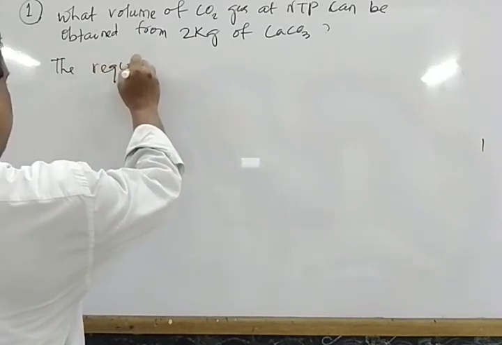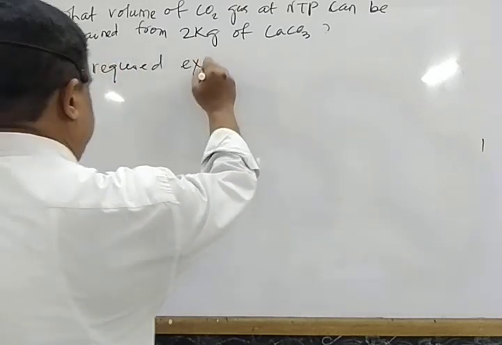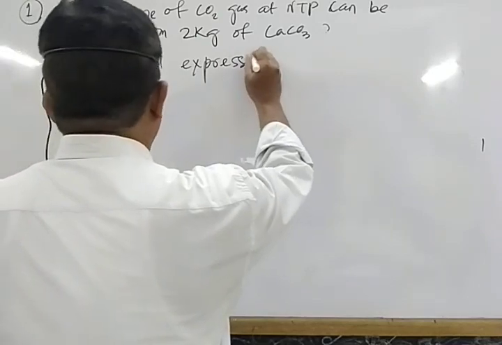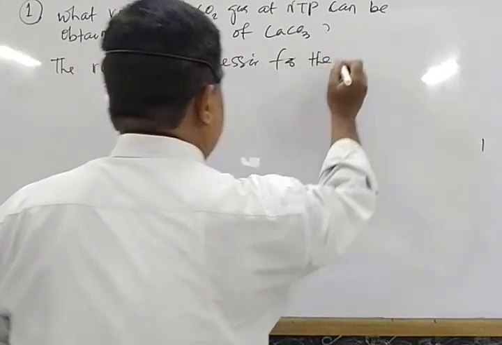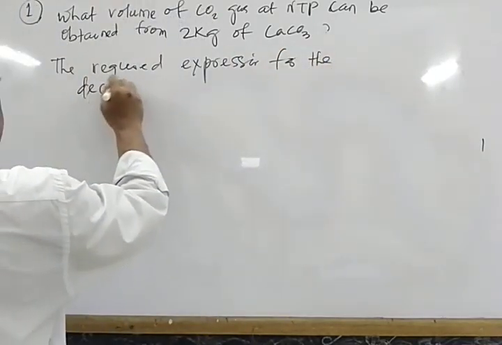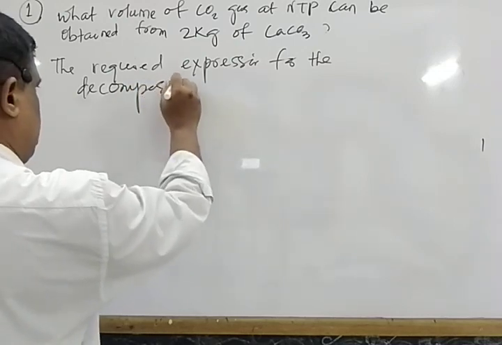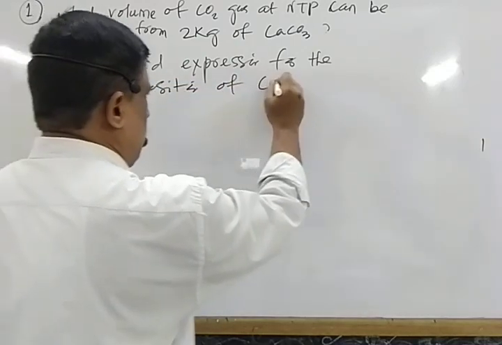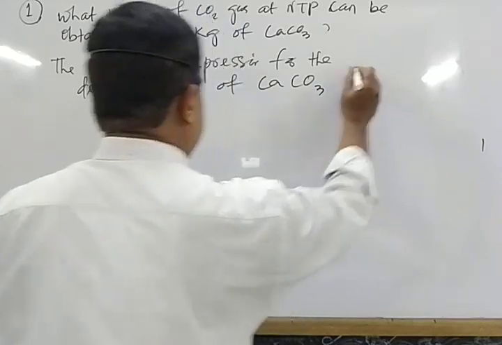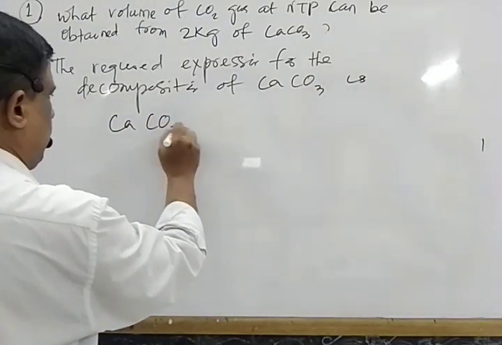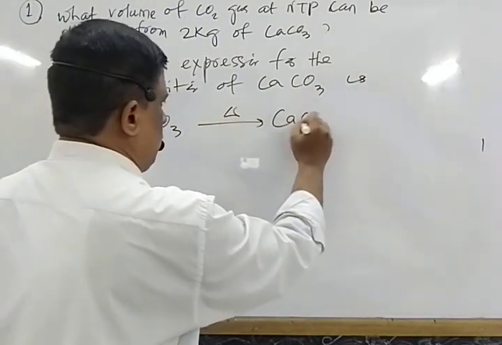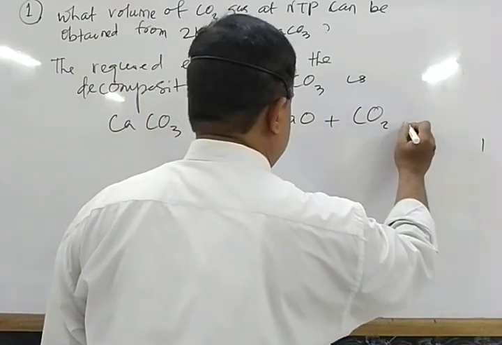The required expression for the decomposition of calcium carbonate is CaCO3 breaking down to calcium oxide plus carbon dioxide.